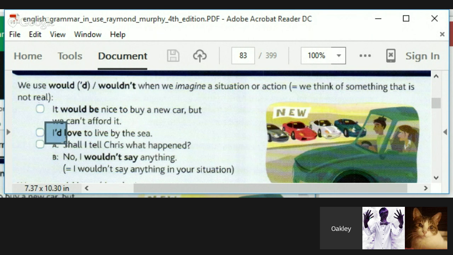Okay, what's the problem here? With I'd or we'd or she'd or he'd or you'd, the contracted form, please note that the contracted form is identical to the contracted form of I had, which we use when we use the past perfect tense. How do you know the difference?